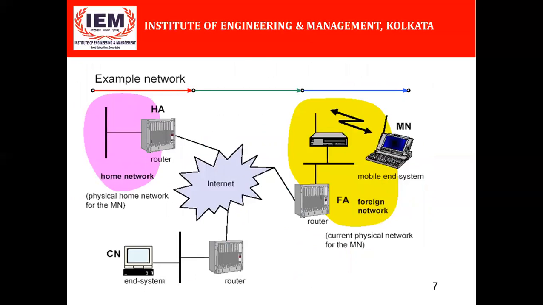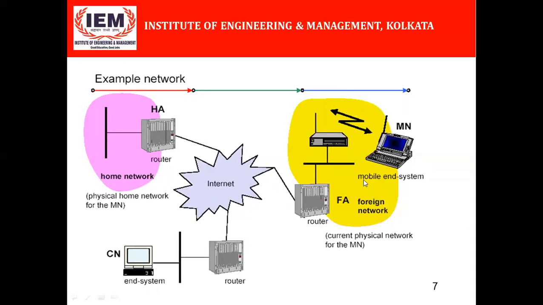Example of the network. This is the home network. This is the foreign network. This is the router, foreign agent, and this is the home router, home agent. The physical home network of the mobile node, and the current physical network of the mobile node after movement.